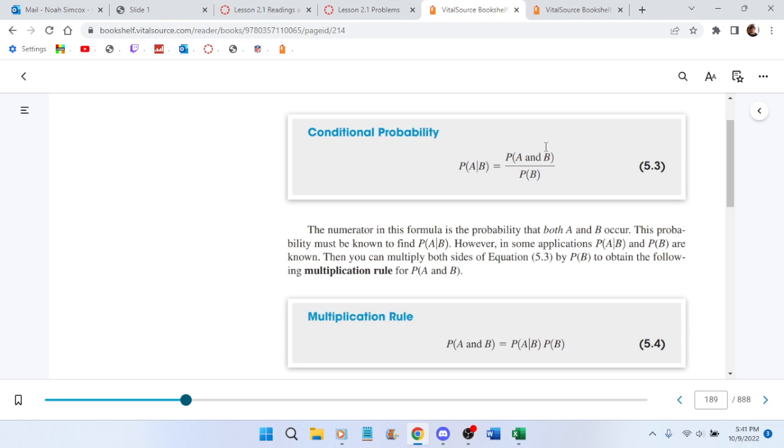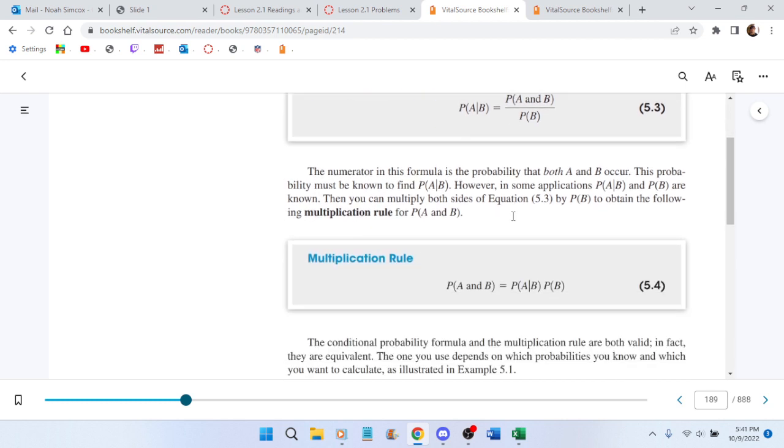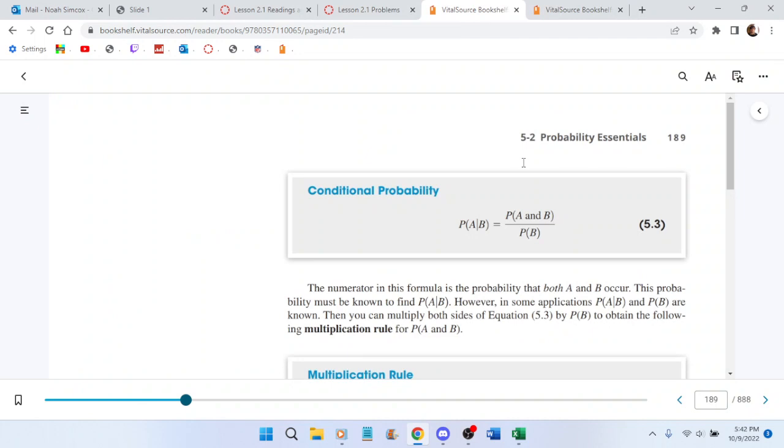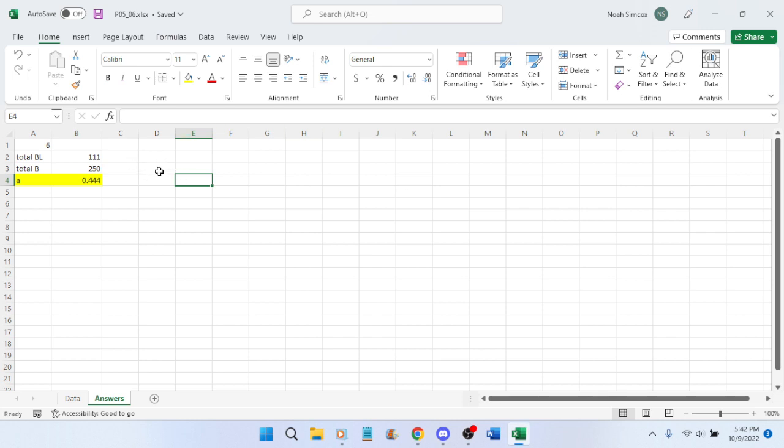Probability that both A and B occur. We don't care about that. Well, we need to know that apparently. What is the probability that both A and B occur? Well, we already know it's 111.